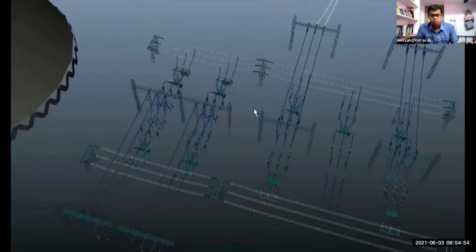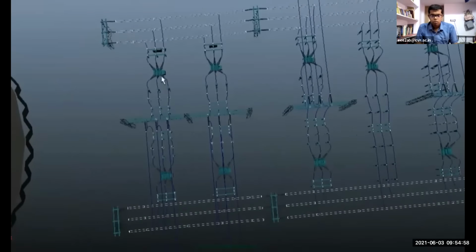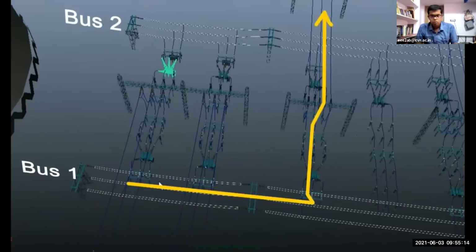Now, what are the advantages of having two buses? Let's understand this. Suppose due to some fault, this circuit breaker becomes switched off. The power will not enter into bus 2 and will completely start entering into bus 1, which was partially entering into both the buses. And it will continue further into the transmission line from bus 1.